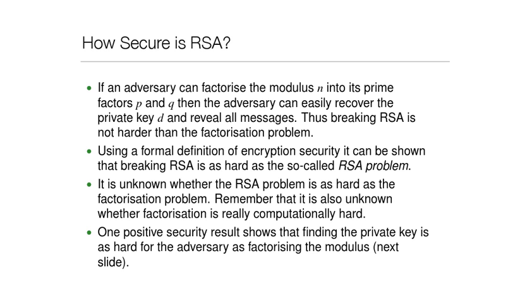Perhaps somebody can find another algorithm which can solve the RSA problem without doing factorization. We never know, but for the time being we don't know. So one positive security result shows that finding a private key is as hard for the adversary as factorizing the modulus n.